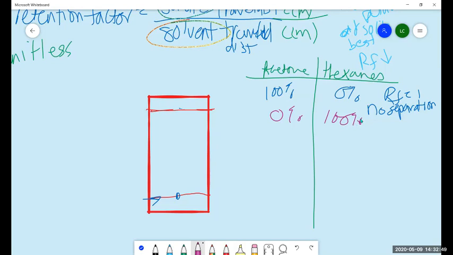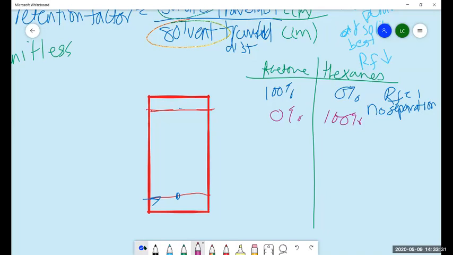If you think about it, it's all non-polar, and some of your components are polar, and you elute based on polar interactions. Because you have no polarity, you have no driving force, no push, no elution power. You can't elute anything.